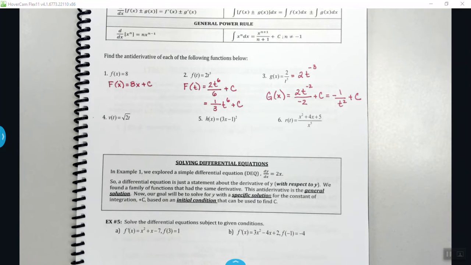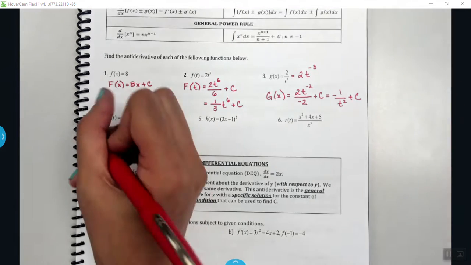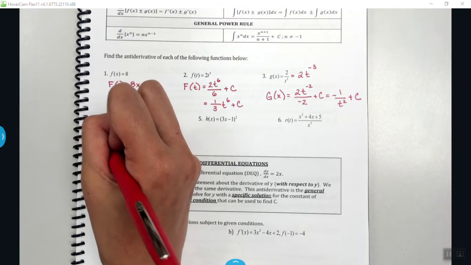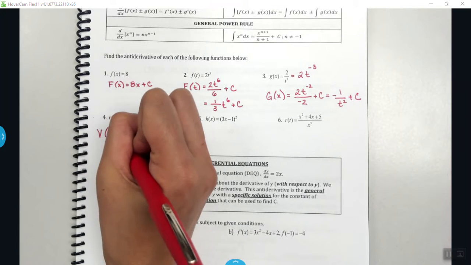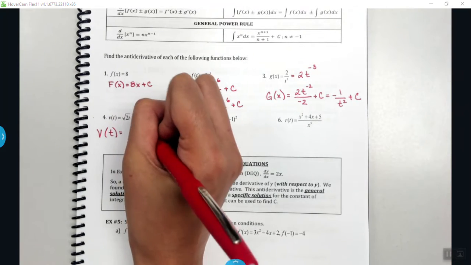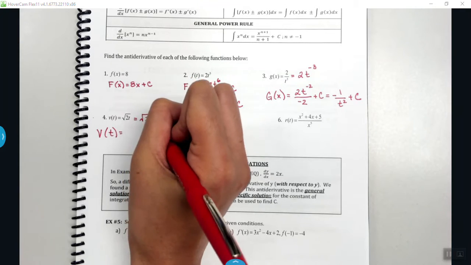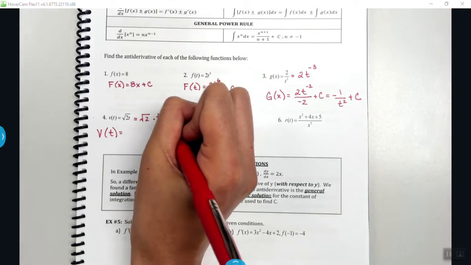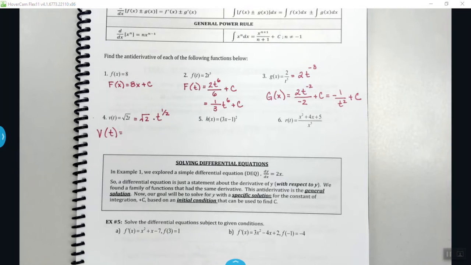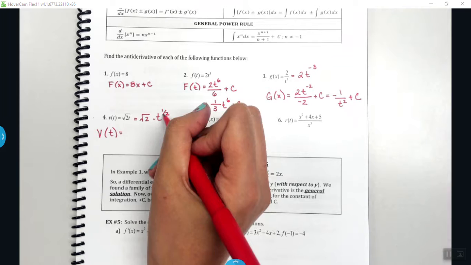This v of t, when we integrate, will become capital V of t. Now remember, this is square root 2 times t to the 1/2. So you can't take the 2 out of the root, even though you're integrating. This 2 is also rooted. So leave the root by itself. Okay, we're going to add 1 to the exponent.